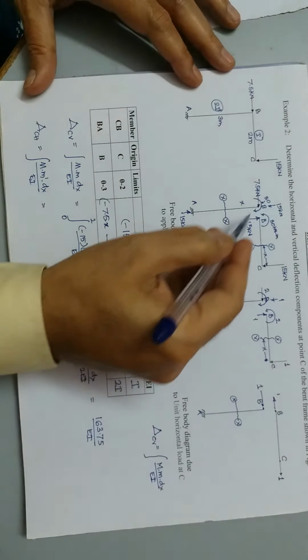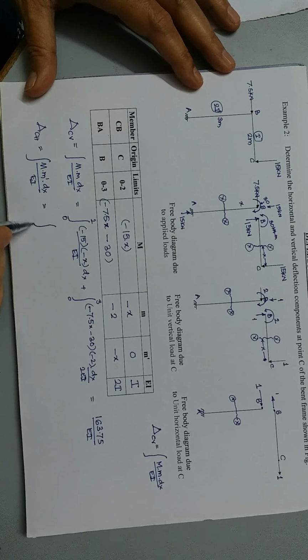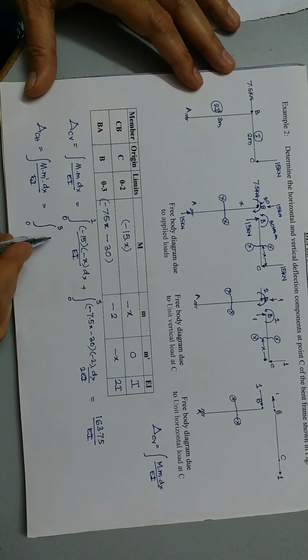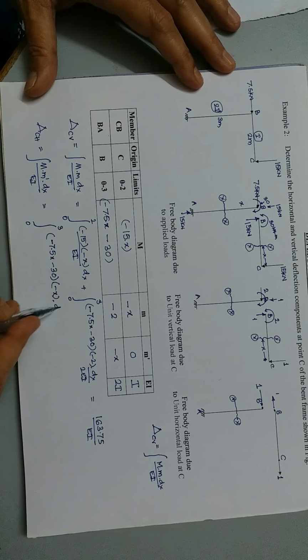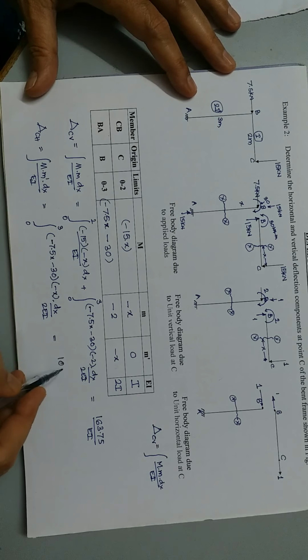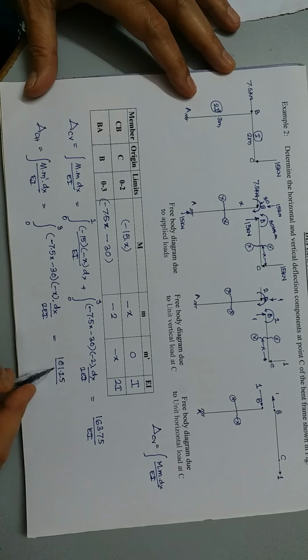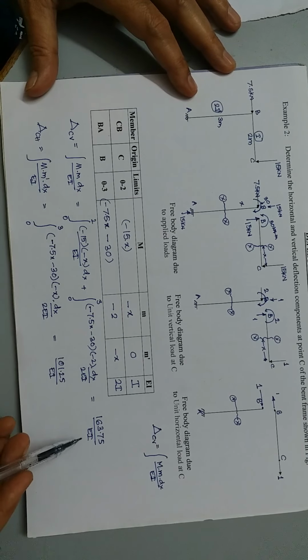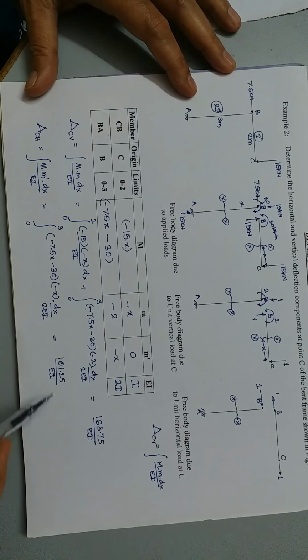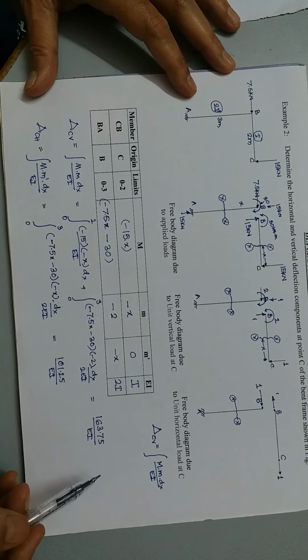In the second portion, that is BA, we integrate between the limits 0 to 3 of minus 7.5x minus 30, this is m, into m dash, which is minus x, into dx divided by 2EI. On integration we get the result as 101.25 divided by EI. So if you substitute the value of EI in both, we get the total deflection. Thank you.